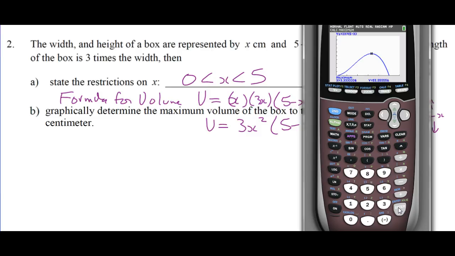Max, x is 3.3333333. And what is what? Graph turn the maximum volume. So the volume is, what is it, to the nearest what? Tenth, 55.56, so 55.6.